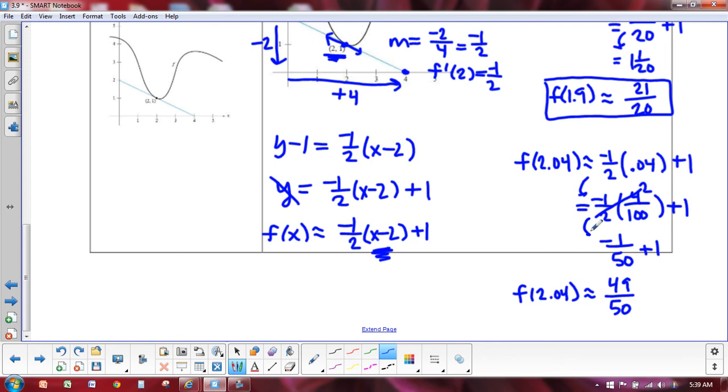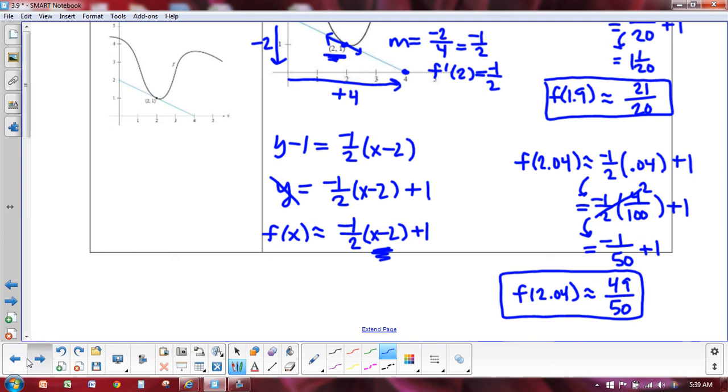They've switched up the letters on us to be g prime in this case, but so now I'm reading a derivative graph. So in this case, this point is not a point on my tangent line, it's that g prime of 3 equals 5. That is my slope. So then what do I do for the point?